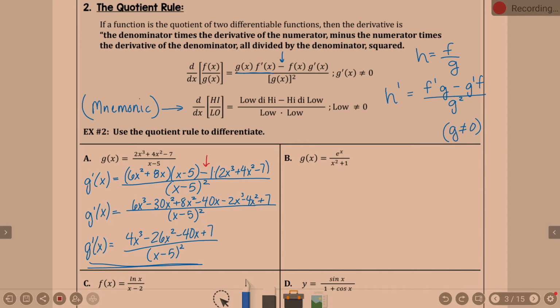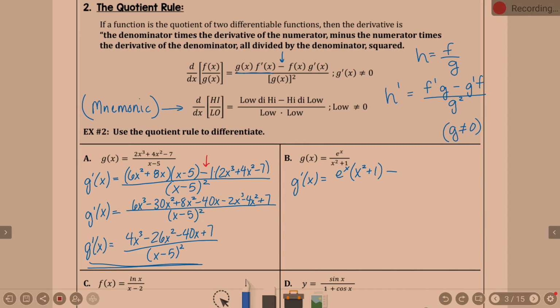Okay, ready to try? B? G prime of x. Derivative of the top. What's derivative of e to the x? e to the x times x squared plus 1, keeping the denominator. And then we're going to say minus.